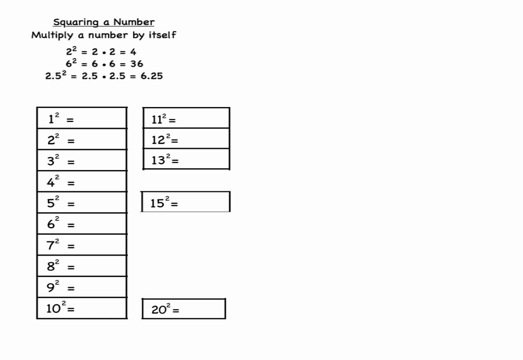So let's begin. Now, when I say squaring a number, I just mean that you're going to multiply the number by itself. So here I have 2 to the second power. The 2 is your base, and the exponent 2 here is telling you that your base is going to multiply itself 2 times. And 2 times 2 is 4.